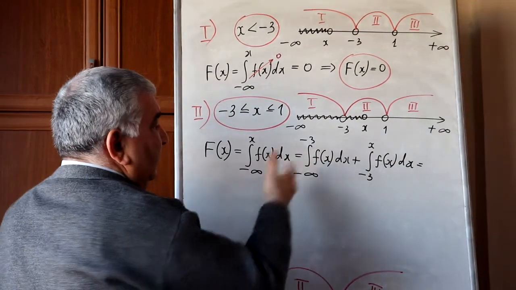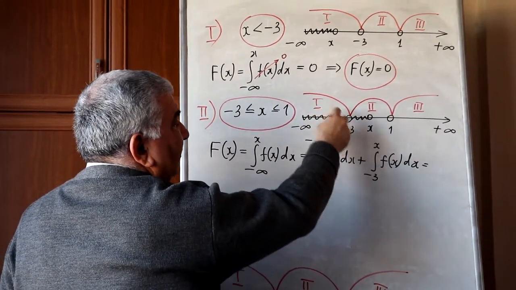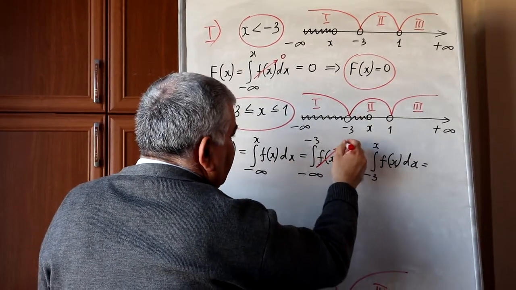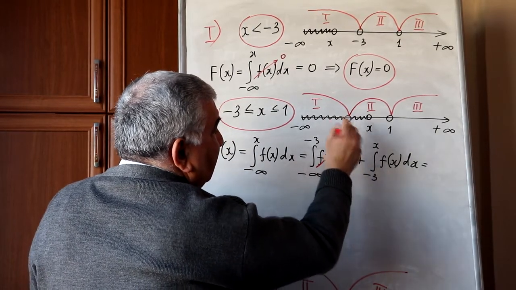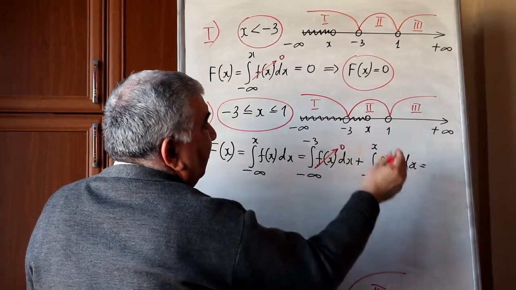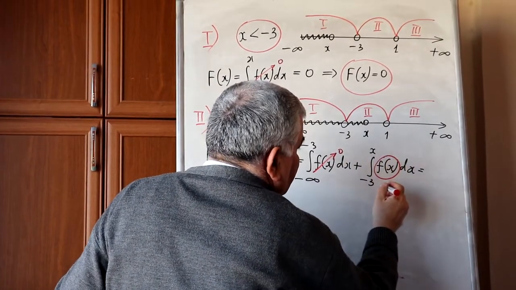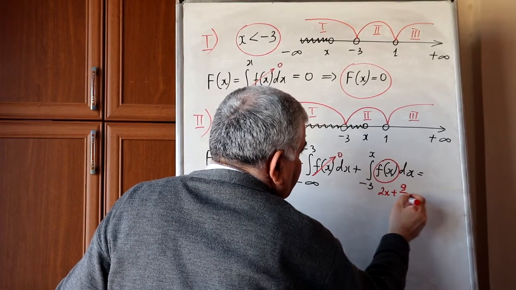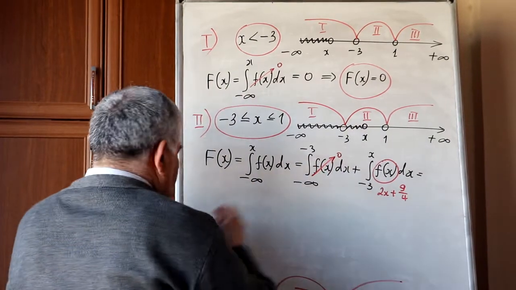The first integral is defined in the first interval, and there f(x) is 0 according to the condition, but the interval from minus 3 to x belongs to the second interval, and in the second interval our function is 2x plus 9/4.